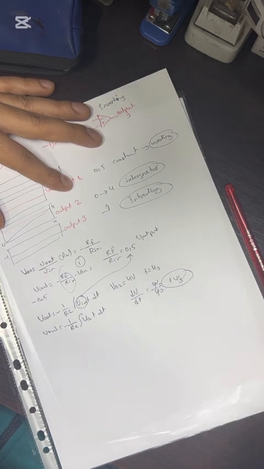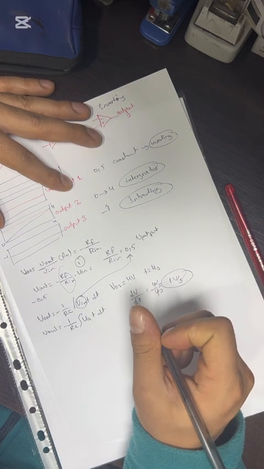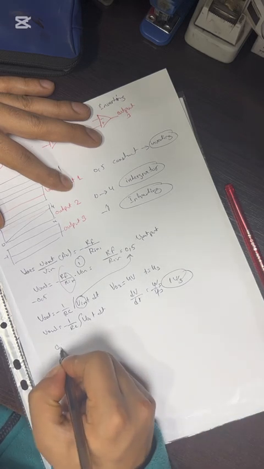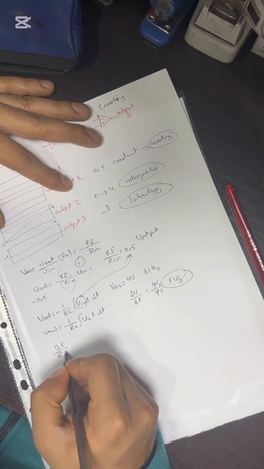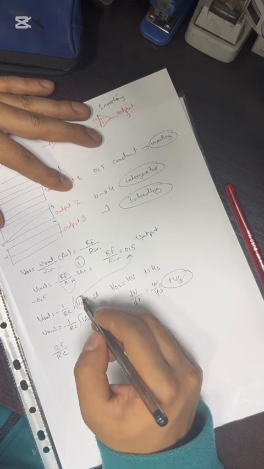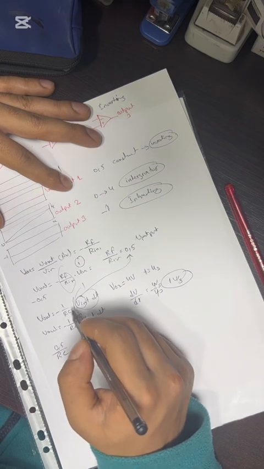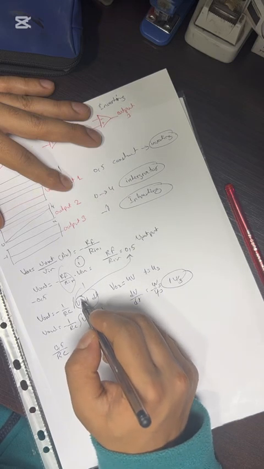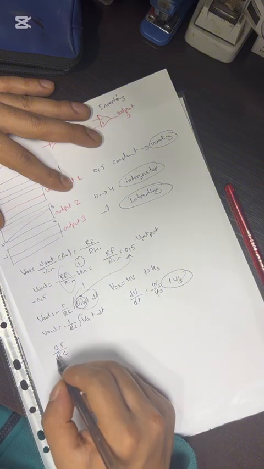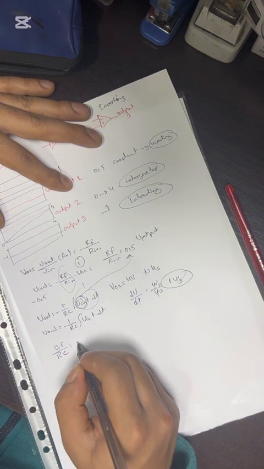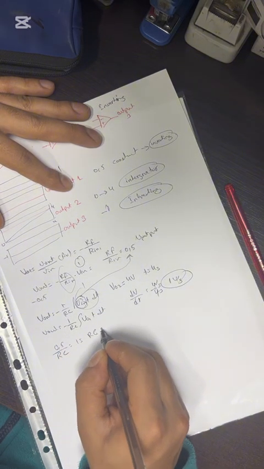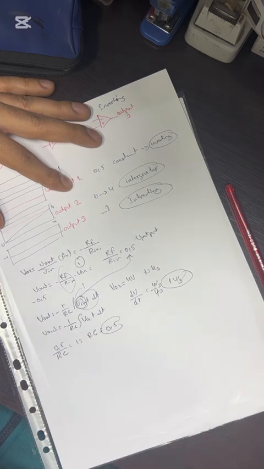So thus we can say 0.5 over RC, this whole part, is equal to 1. So we put 0.5 for our output 2, and our RC is equal to 0.5.